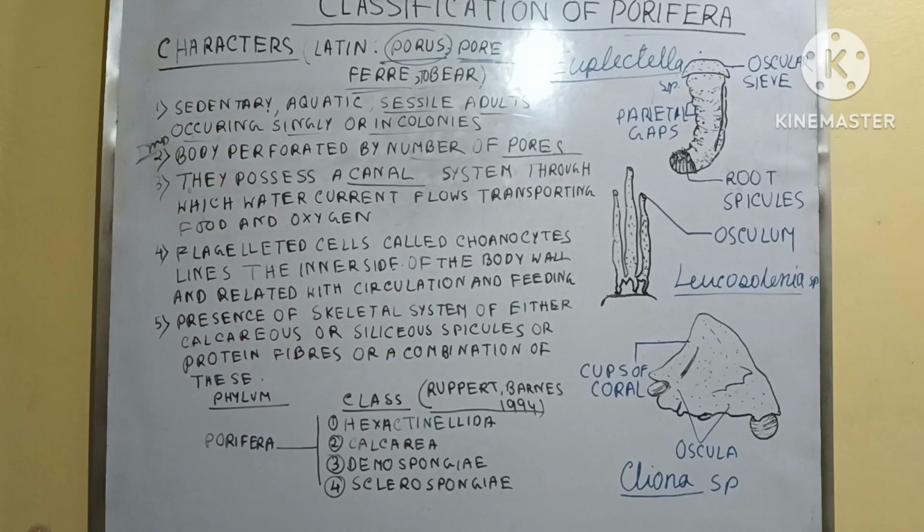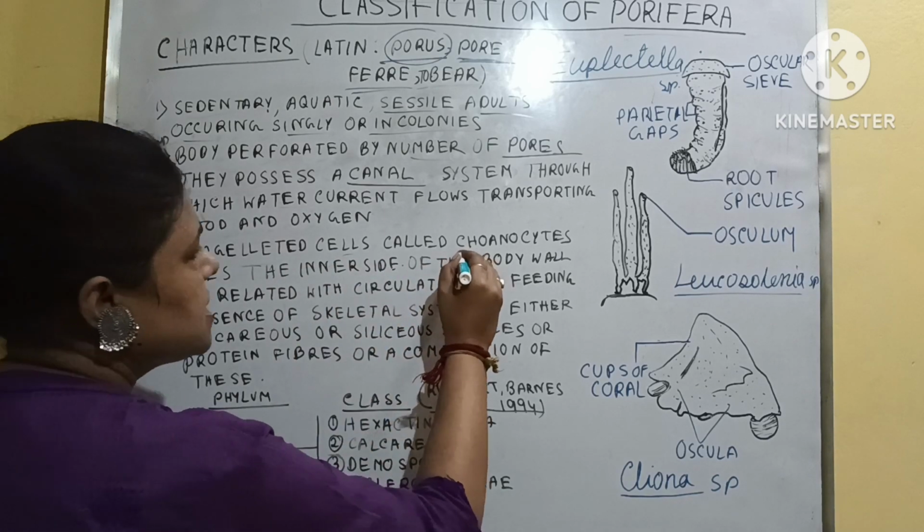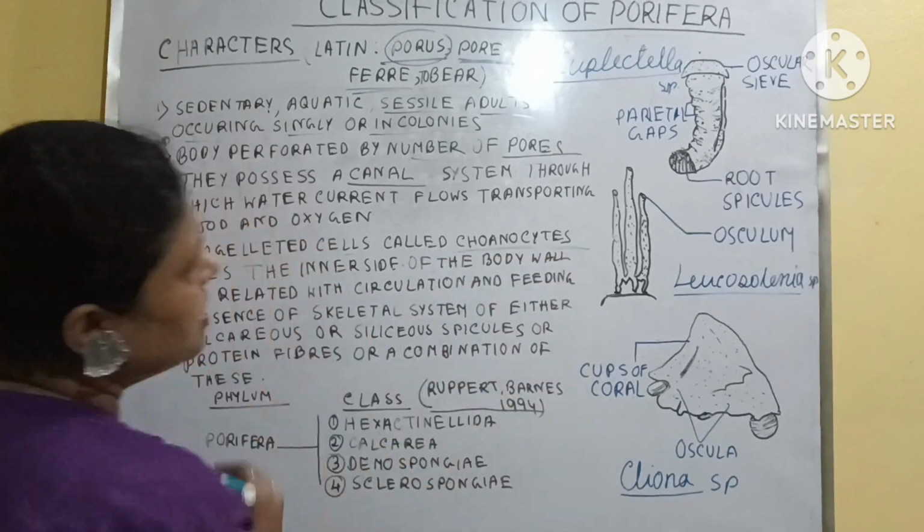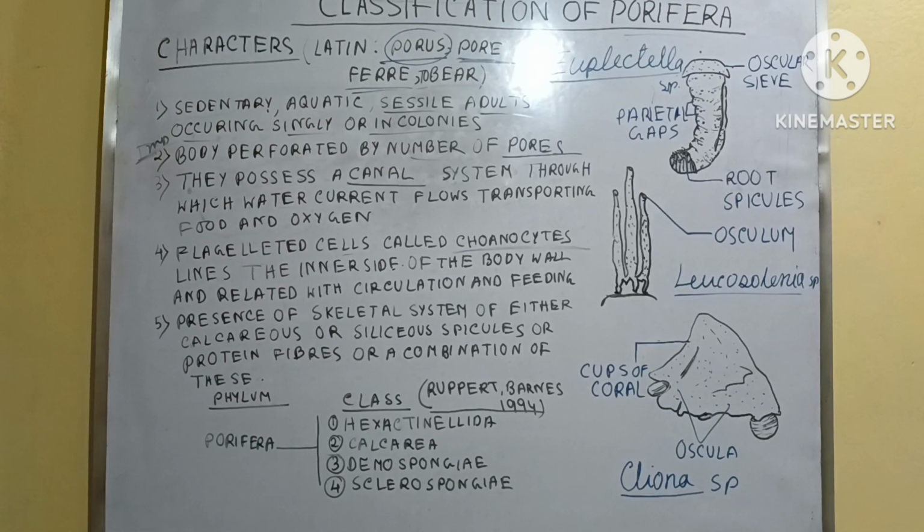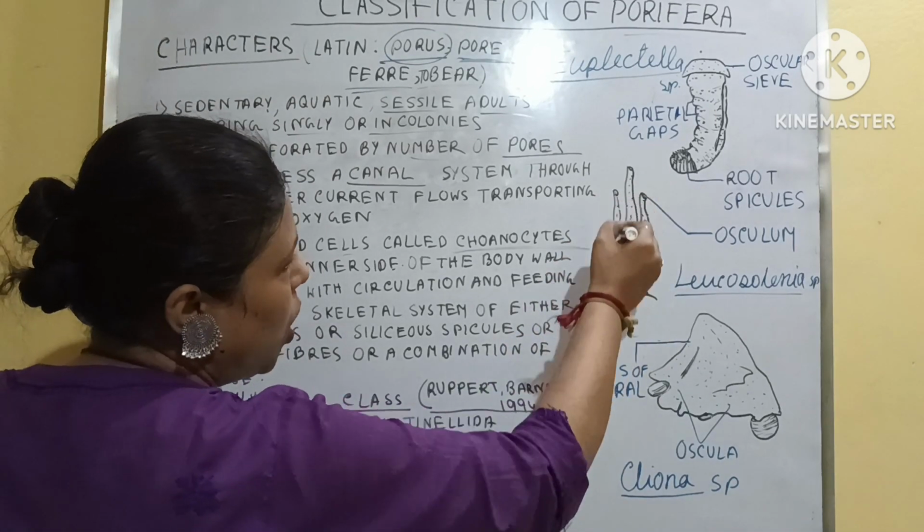Fourth one, flagellated cells called choanocytes. This is called the choanocytes. Clear? These are present in the inner wall of the body.